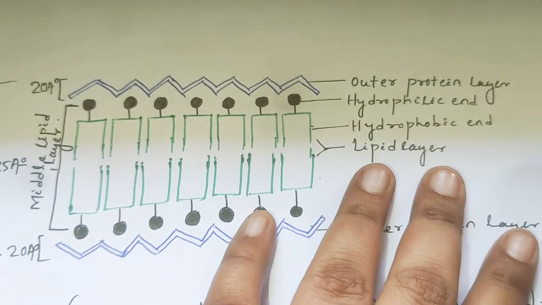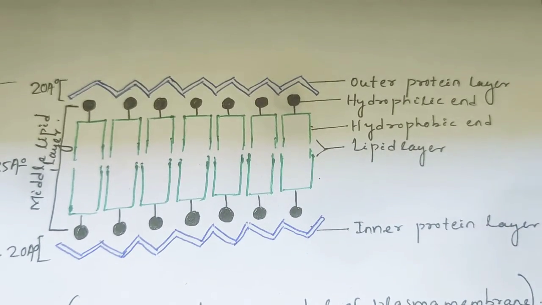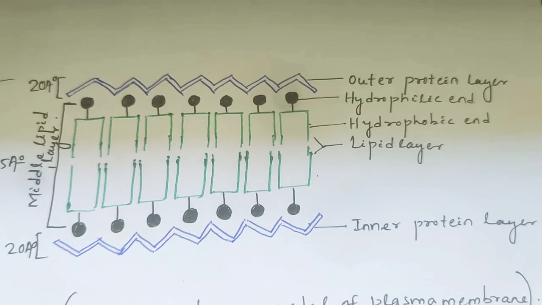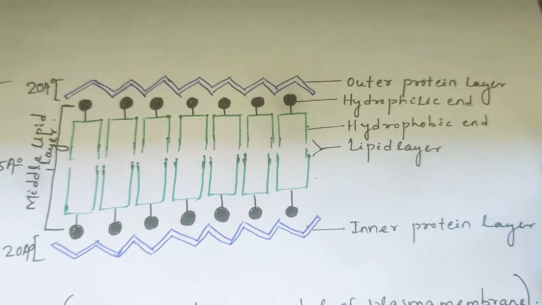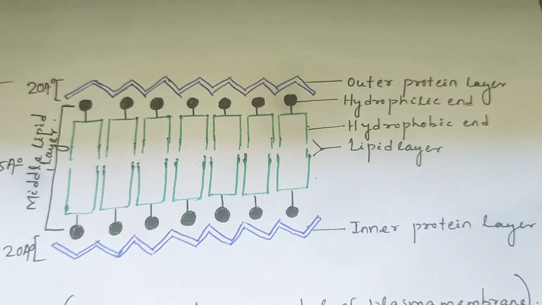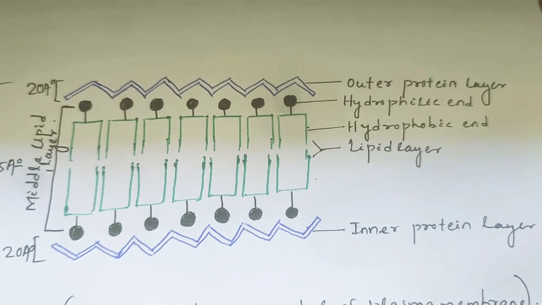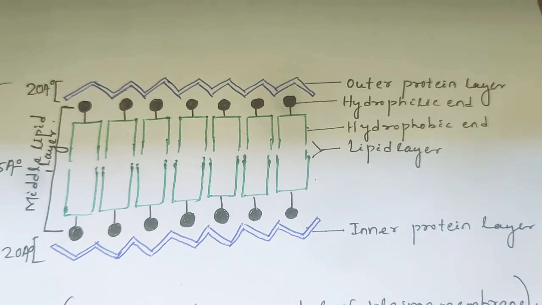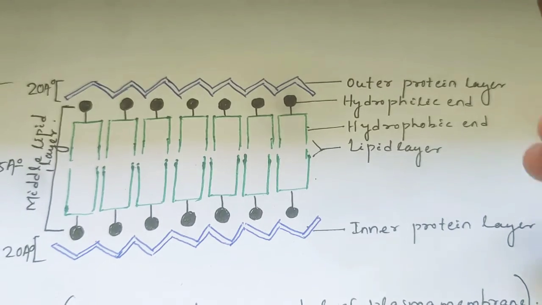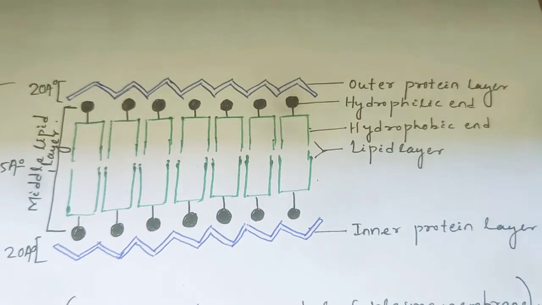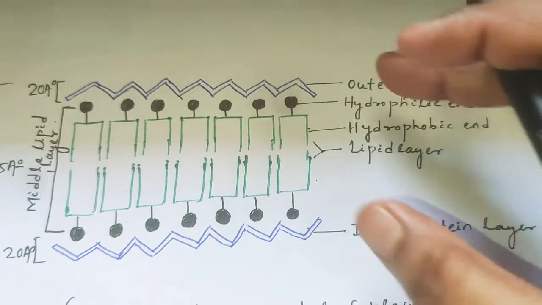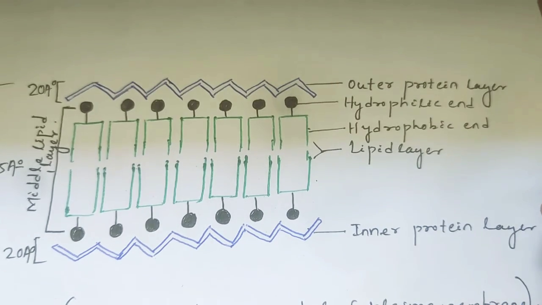Now about the lipid layer. It is mostly composed of two phospholipid layers. The lipid layer is phospholipid, and it appears to be a single layer when viewed from the top, as I already told. This way it divides into 4 layers, 2 protein and 2 lipid.